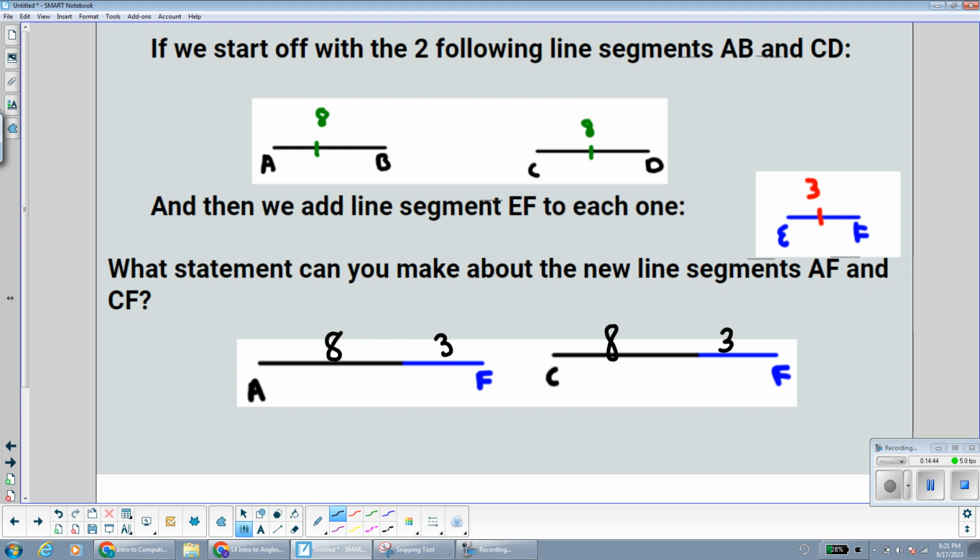So both of these new line segments that we just created are both length 11. So they're congruent to each other. Once again, if you start with two congruent line segments and to each one you add on a congruent line segment, your resulting line segment, the sum of the line segments, will also be congruent. That's the addition postulate of congruence.